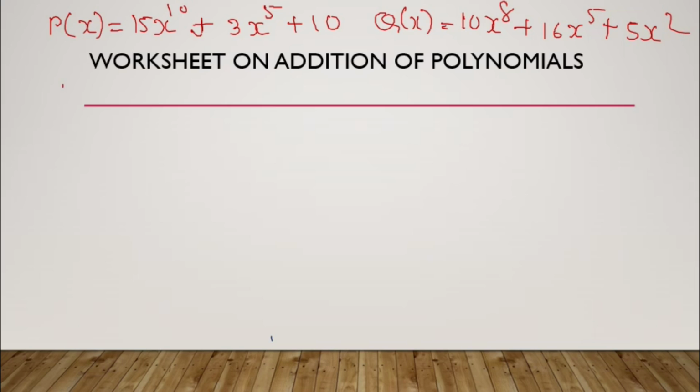Now let us see what the answer for our r of x is. We can implement it as a linked list, and let us see how we add exactly. r of x is equal to p of x plus q of x. So the first, p of x, has three terms, so we need to make a linked list here, which is the p list. It has three terms.